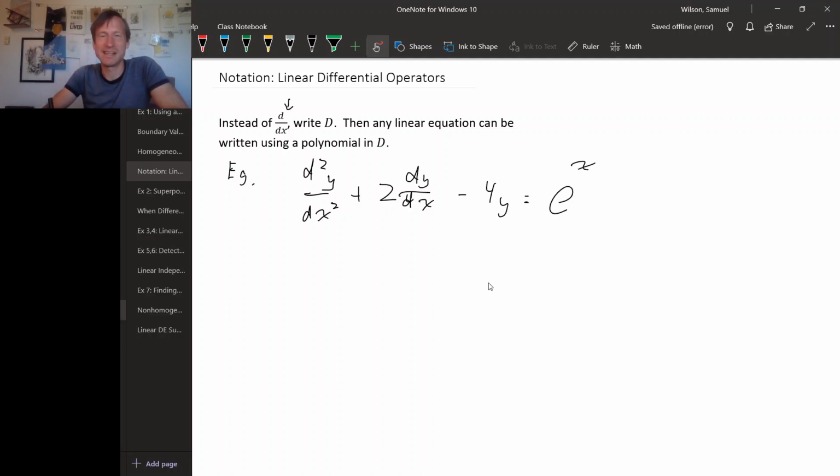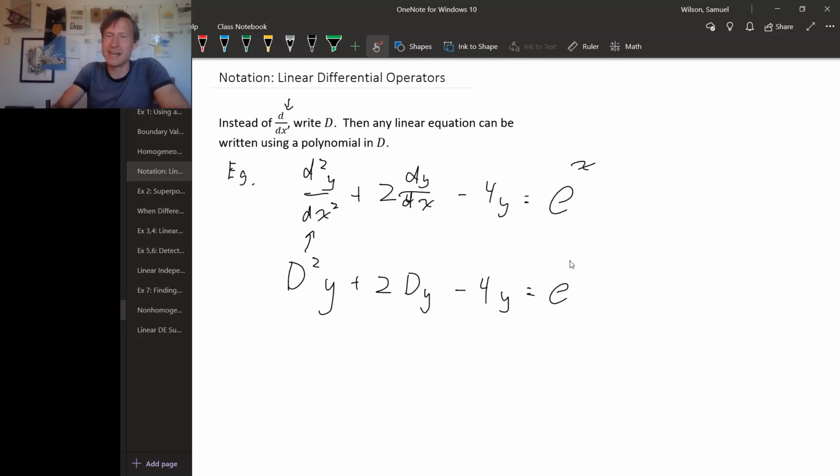So this d squared y dx squared is just D squared applied to y. This is two derivatives. Each D is a derivative, so this is D squared applied to y, plus 2 times D applied to y, minus 4 times, and then there's no D's in this term because there's no derivatives, equals e to the x.